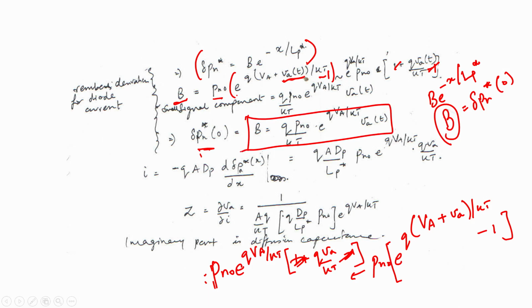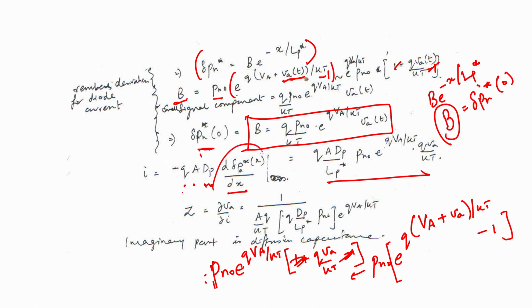And now, what is the current component? The current is because of the diffusion term, right. It is Q into A, area of cross section, into D_p into d delta Pn star by dx, and that turns out to be this, because we now know what is B, and we now know what is B into e to the power minus x by Lp star.